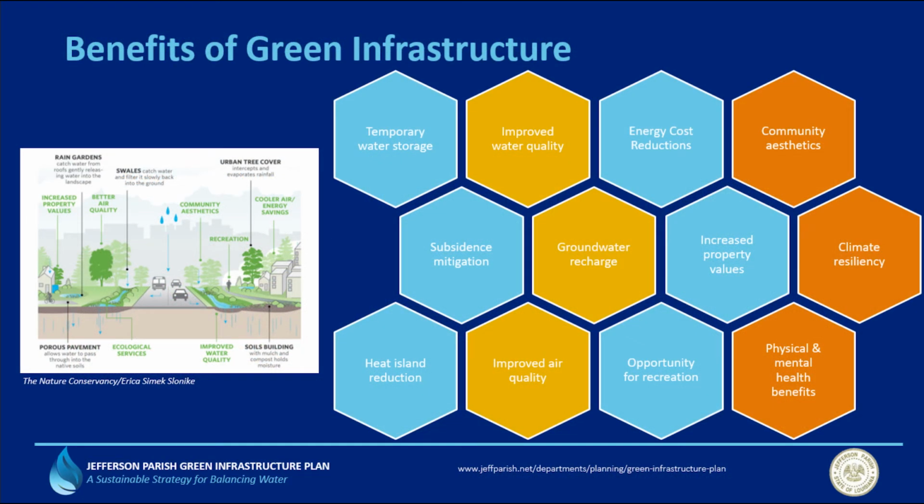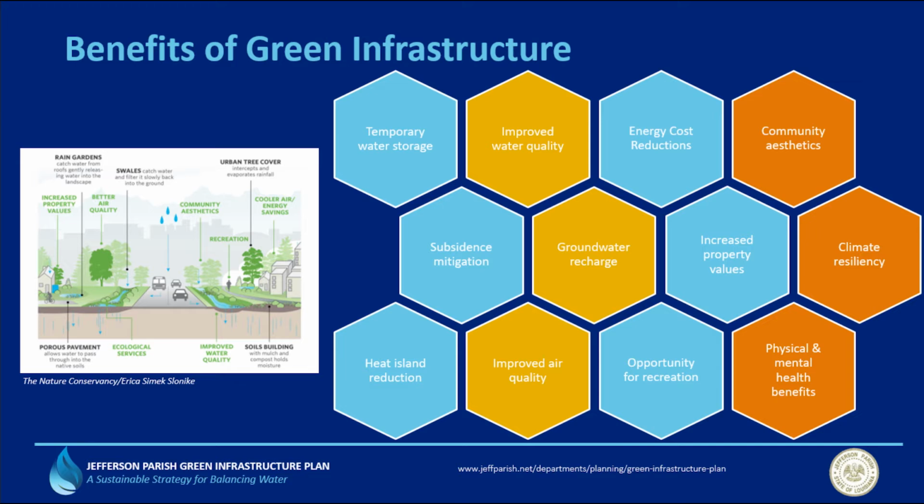Benefits of green infrastructure. Green infrastructure provides direct and indirect benefits in the areas of economy, society, and environment. In addition to stormwater and flood management, green infrastructure helps to mitigate subsidence and recharge the groundwater through infiltration into the soil. Green infrastructure also helps to protect the quality of our surface waters, which protects and preserves our fishing industries.